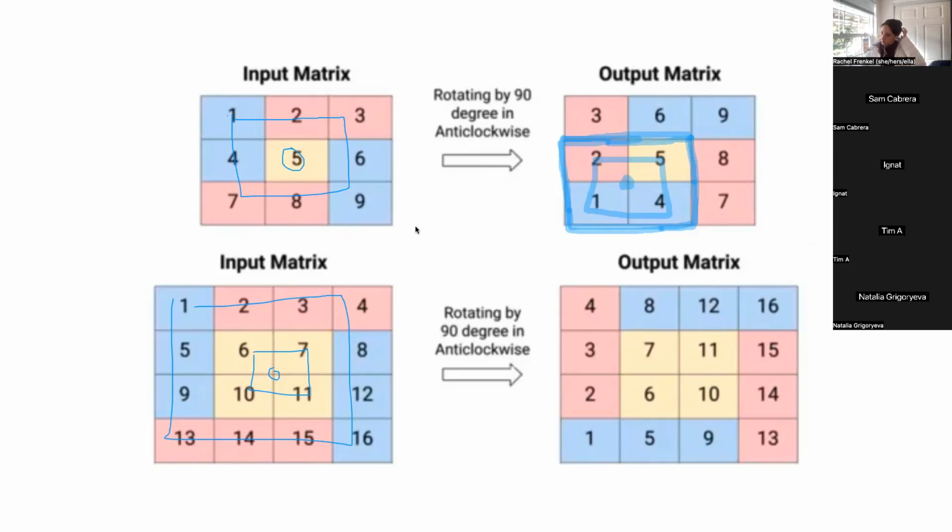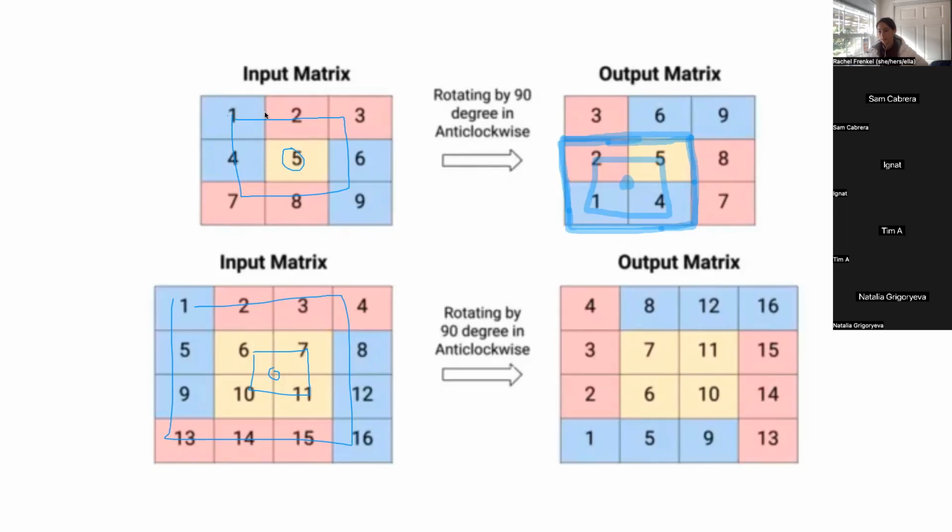So in a square matrix, the number of layers to get to the center is going to be the width divided by 2. If it's 3, then it's 1. Exactly. If it's 3 by 3 like this, here's the center of the matrix.